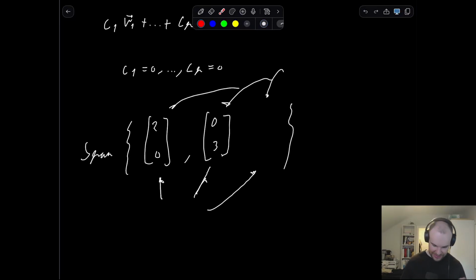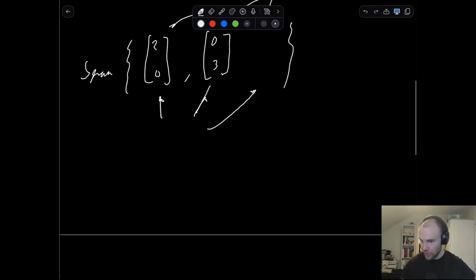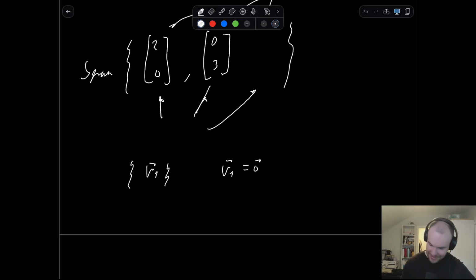You can also see some other consequences of this. For example, if we have a set of a single vector, v1, and that single vector was equal to 0, you could see that this is now linearly dependent.